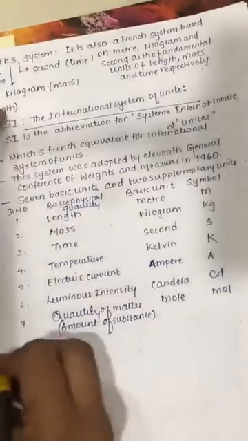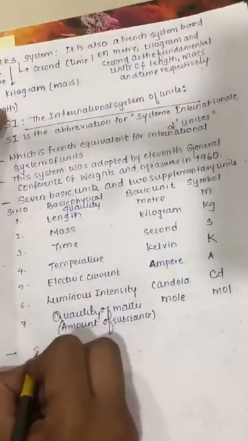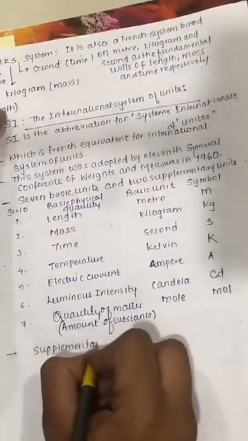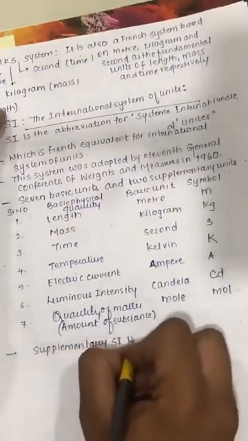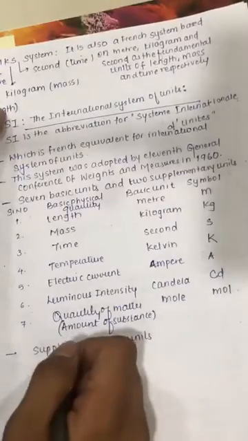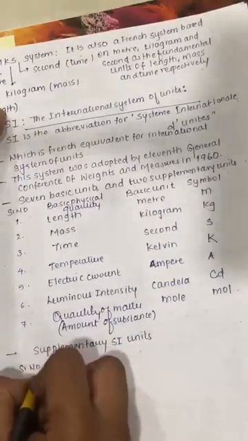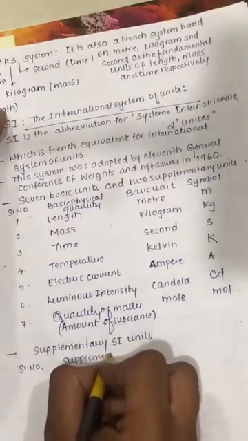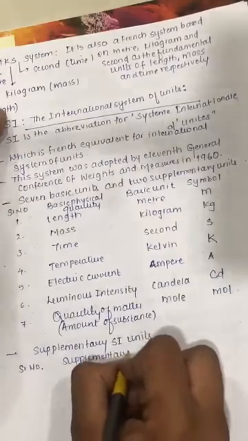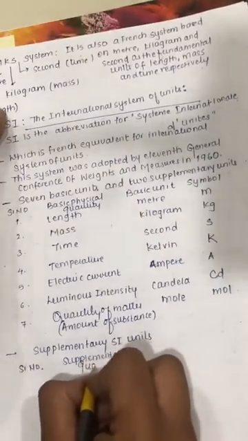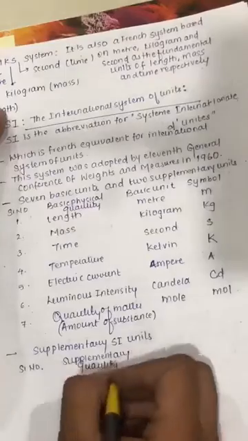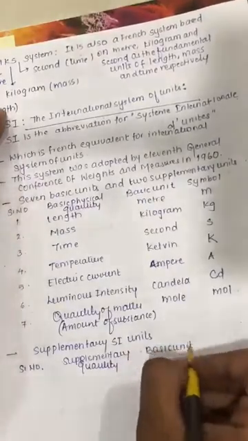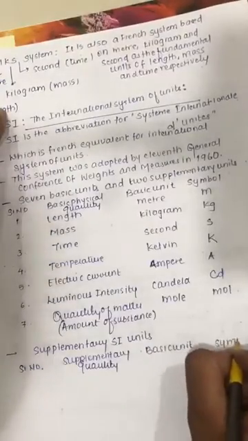Two supplementary SI units. There are two supplementary SI units. Serial number, supplementary quantities, basic unit, symbol.